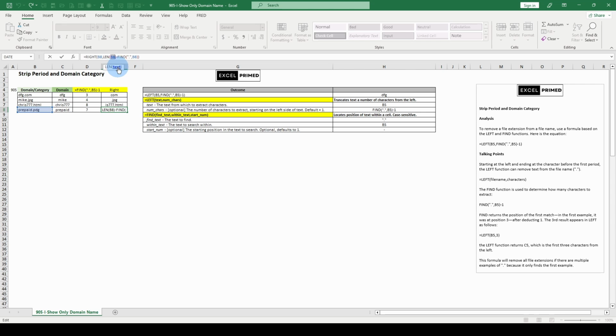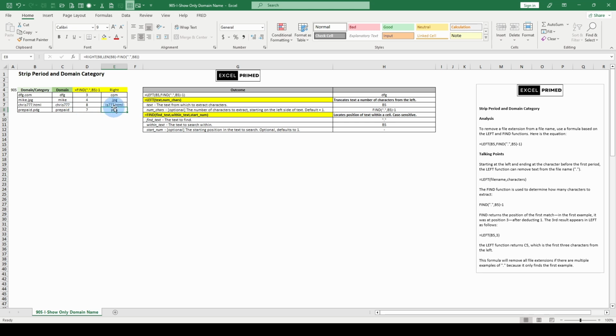LEN of the text, F9. We're going to take this number and subtract the FIND of the period, whatever the number of characters in FIND, which we know is 7. We already showed that. LEN, the total length, is going to be 10. So LEN is going to be 10 minus 7.